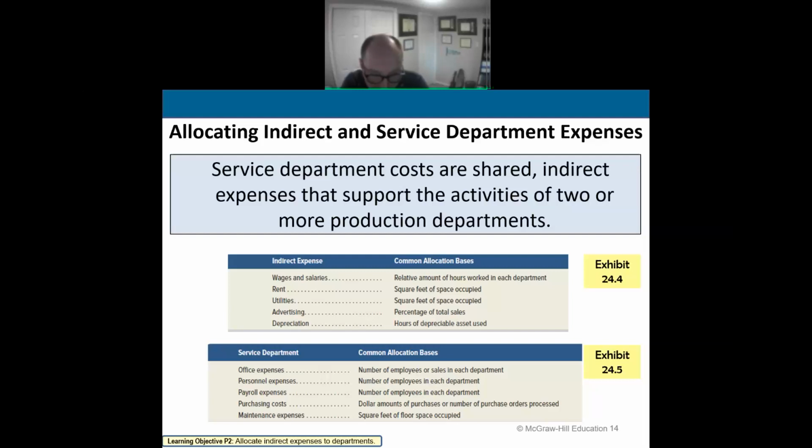For purchasing, it's the amount of the purchase orders processed. For maintenance, it's the square footage. Those are the allocation bases. That's how I allocate the expenses from the service departments to each department.